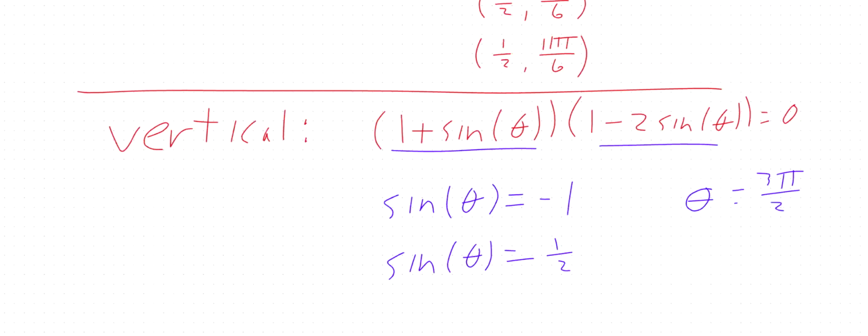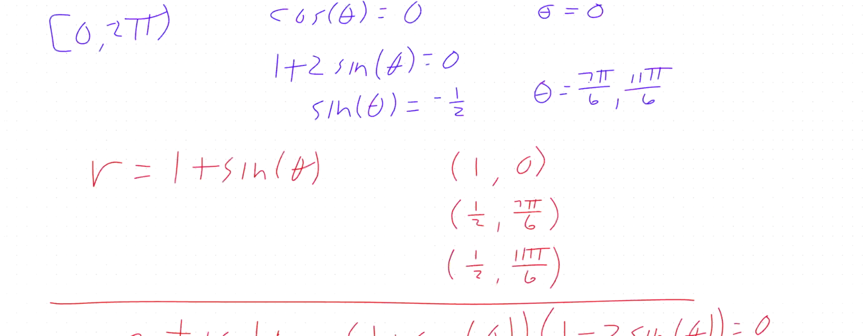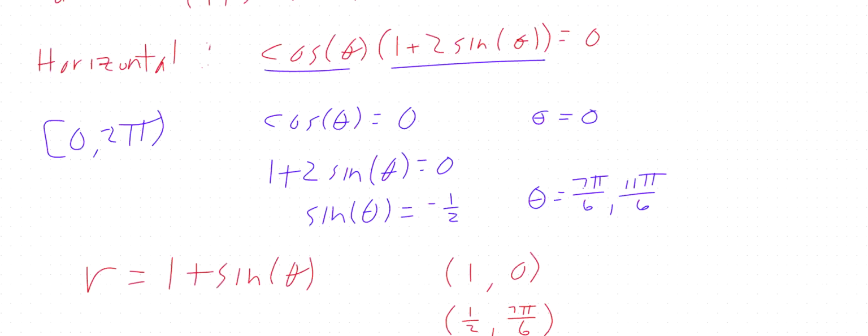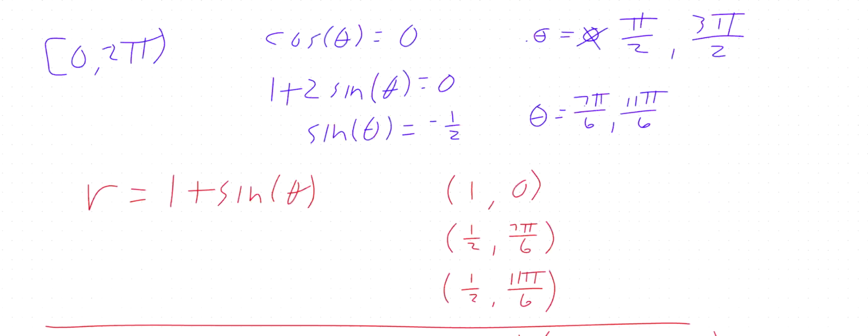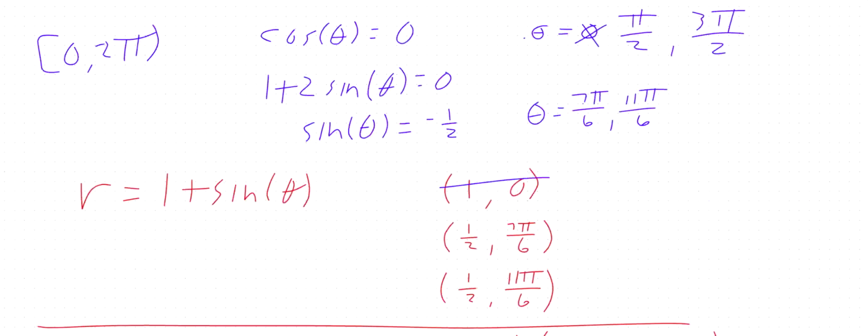And actually, I made a mistake up here. Cosine is 0, not at 0, but at pi over 2 and 3 pi over 2. So that one's out. And this would be at 0, 3 pi over 2. But we'll address that one in a second.